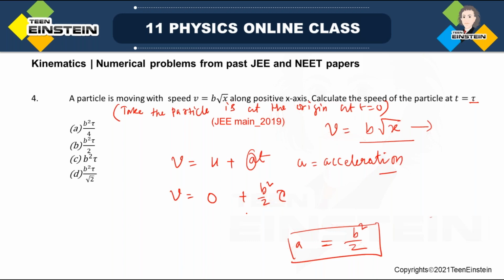So b square tau by 2 will be the answer. So the speed, this b will be the correct answer for this question. Okay, so b square tau by 2. This is how you have to move for solving problems like this.